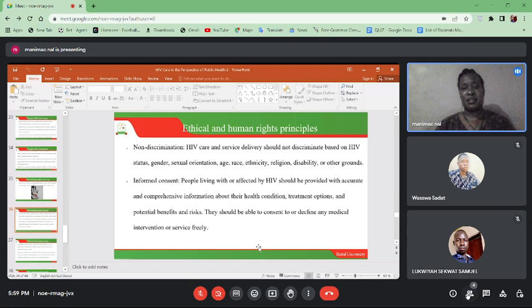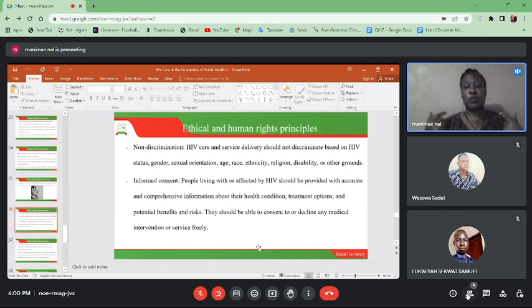We also need to get informed consent from people living with or affected by HIV. We should always get consent forms or informed consent from them.